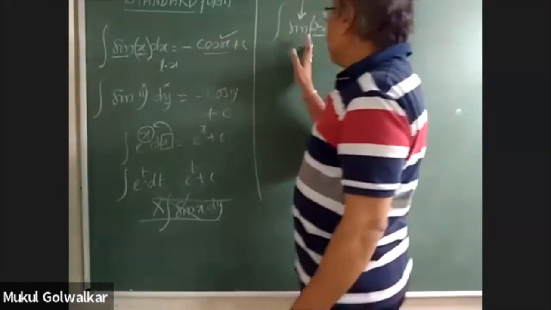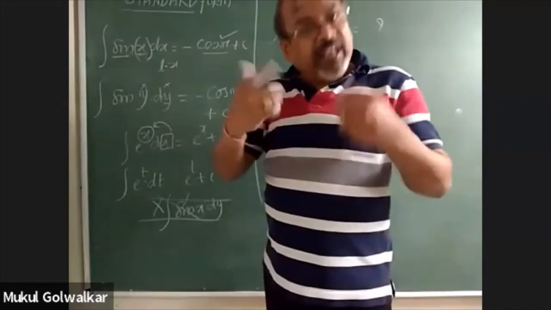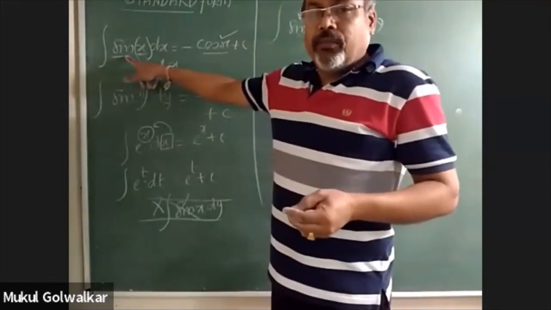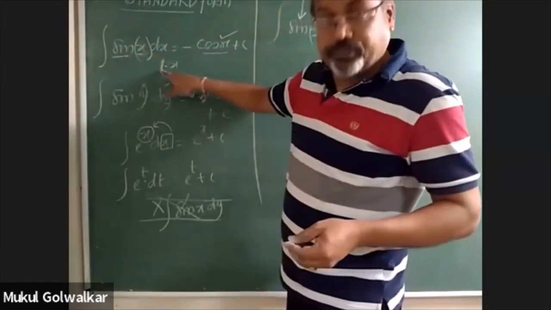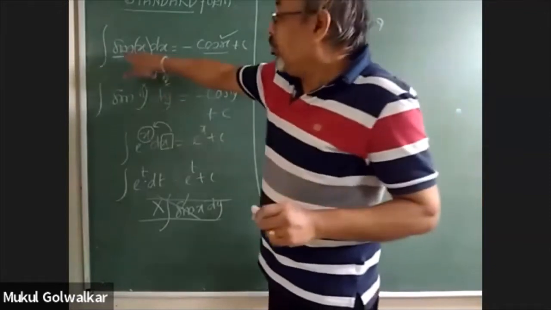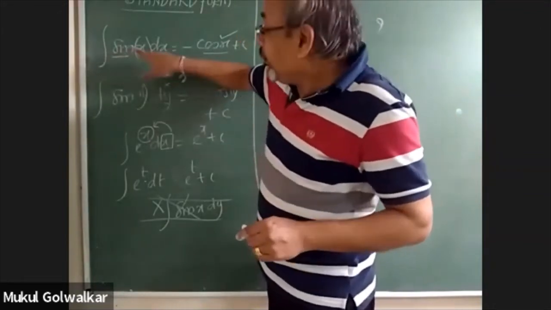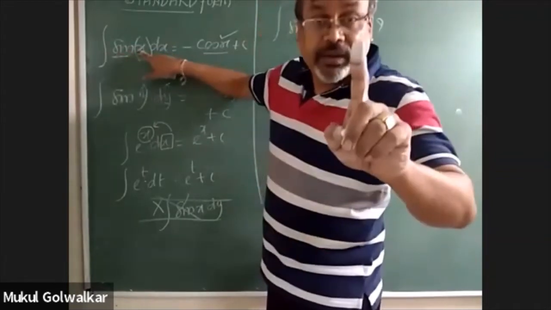What I say is that we are capable of integrating any function containing sine function, provided the angle has got coefficient 1. Correct? Try to understand. We can integrate sine function provided the coefficient of the angle associated to sine function is 1.